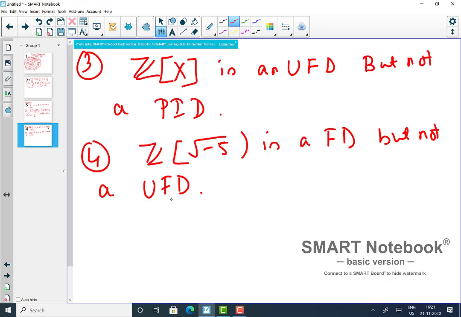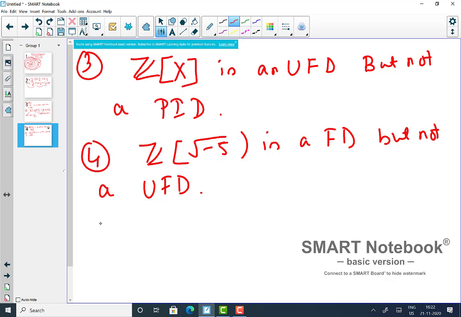I mean, you can also find a domain where you cannot even factor. When I say factorization domain, I mean you can write an element as a product of finitely many irreducible factors, but this is not unique. That is the meaning. You can factor, but the uniqueness property is not there.